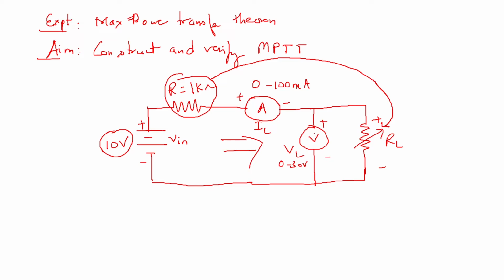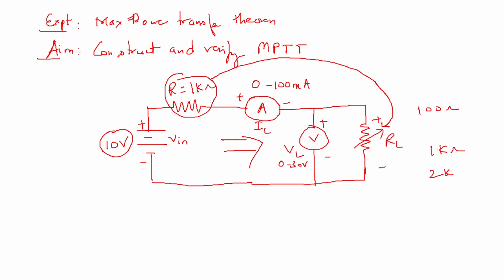So to prove that, we have to go on varying the load resistance from, say, 100 ohms, 200, 300, 400, 500, 600, 1K, we should also come to 1K, and then we should go above 1K also: 2K, 3K, 4K, 5K, 6K.